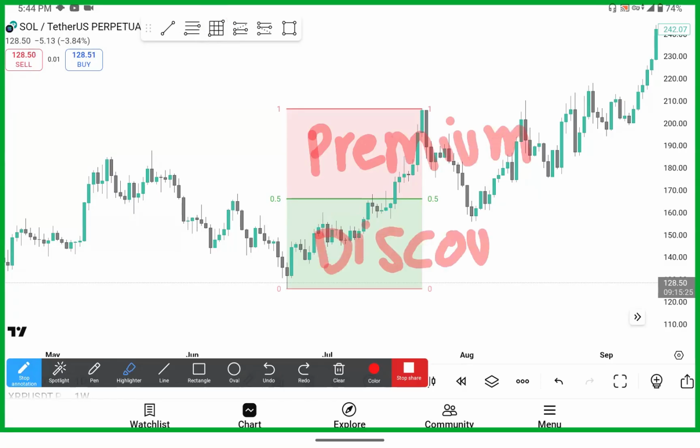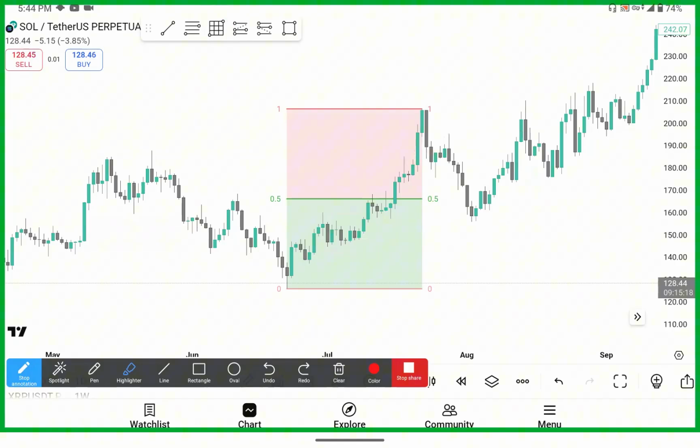I told you that the market is always moving from premium to discount, you get? So that's the reason why I wanted this top area to be red, because I want it to be an indicator to you that when we are in premium, we are selling.